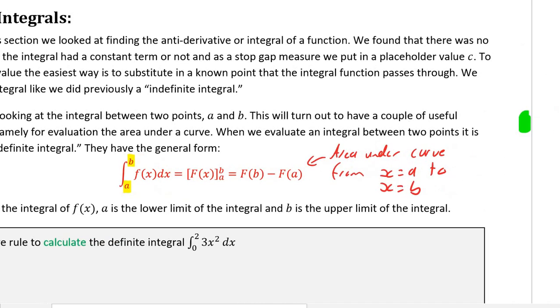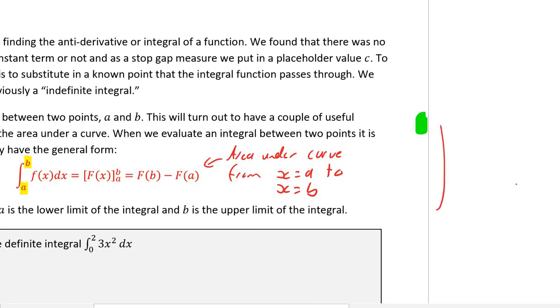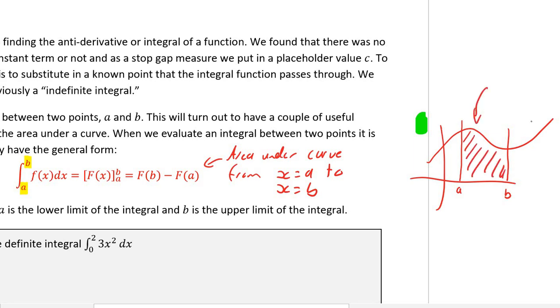If I was to visualize that for you just off to the side, let's imagine this is my function, looks something like that. If I draw a line at a and a line at b, and I call this one f(x), the shaded area you could find by the integral from a to b of f(x) dx. That's all we're doing. We're finding areas.